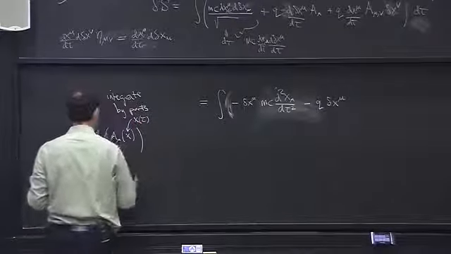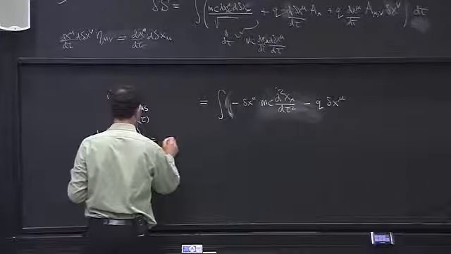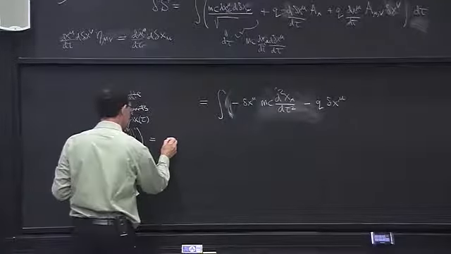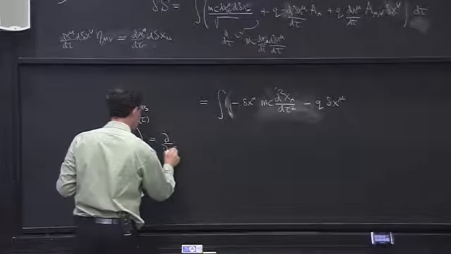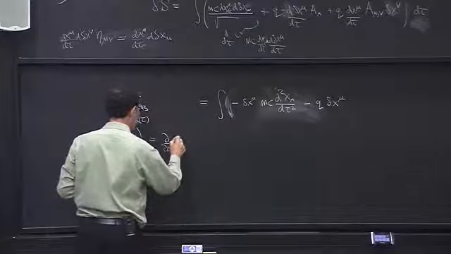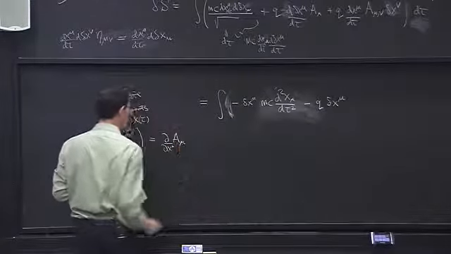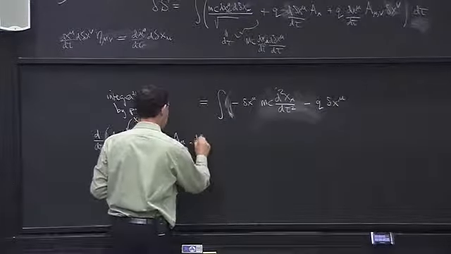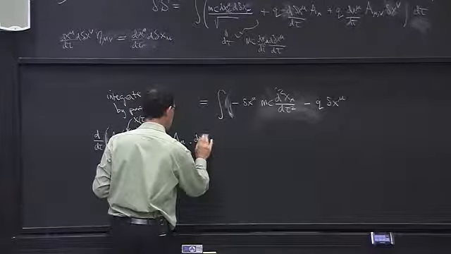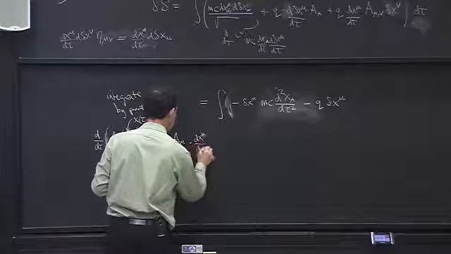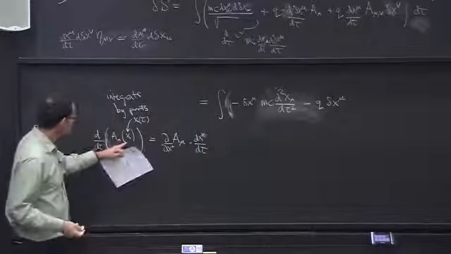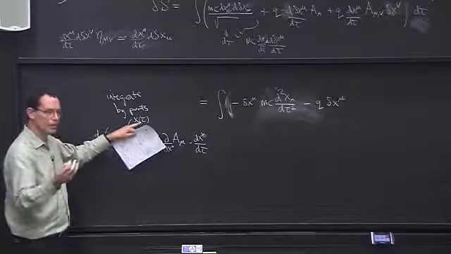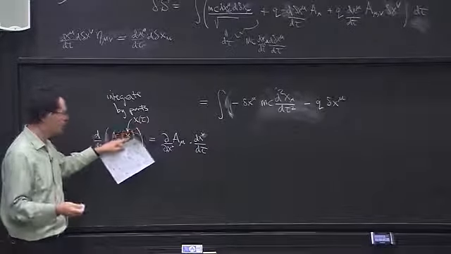So the derivative of A_μ of x of tau means partial derivative with respect to its argument, multiplied by dx^ν/d tau. Okay, so A_μ is a function of x of tau. So when I differentiate, I use the chain rule.